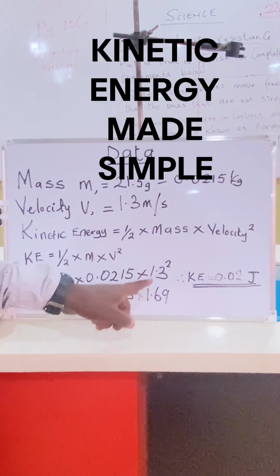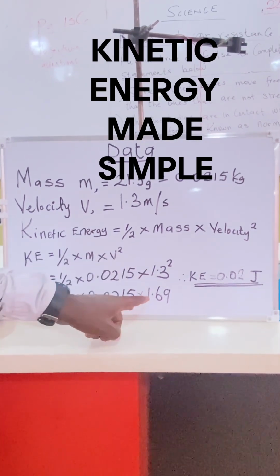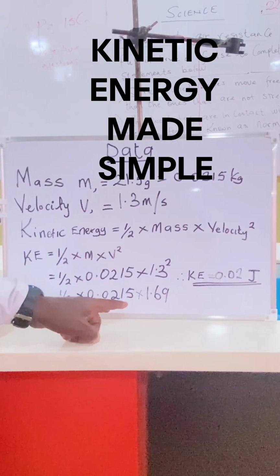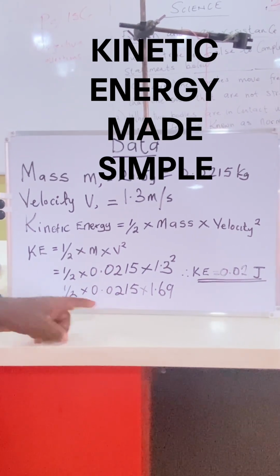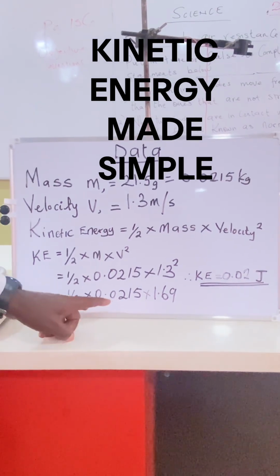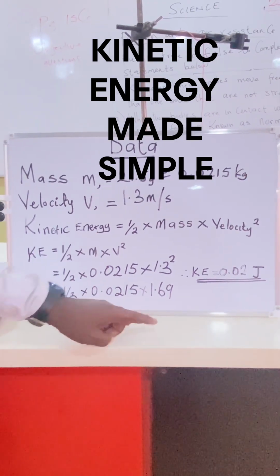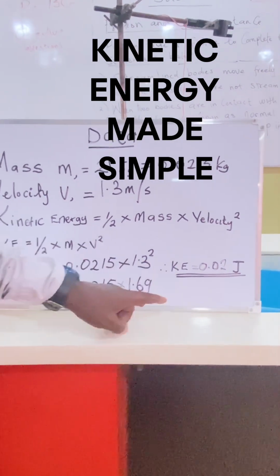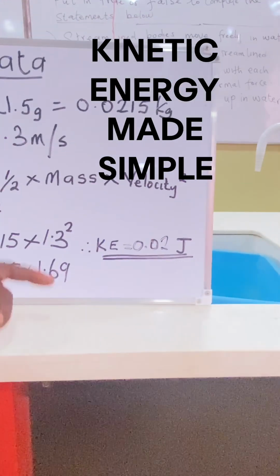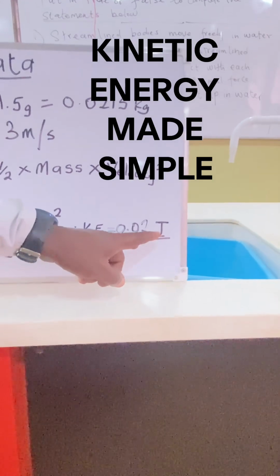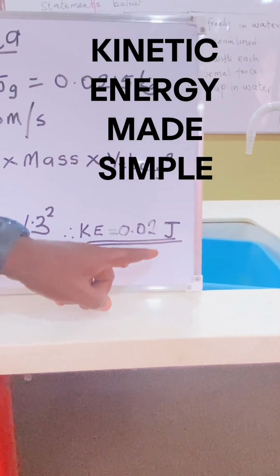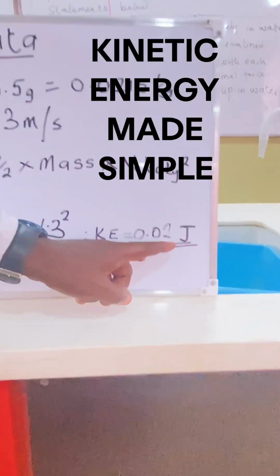When you multiply 1.3 squared, we get 1.69. Multiply by the mass, which is 0.0215, half the mass times the velocity squared. Therefore, the kinetic energy of the metallic ball is 0.02 joules. Don't forget, the units are very, very important. Here we use the capital J.